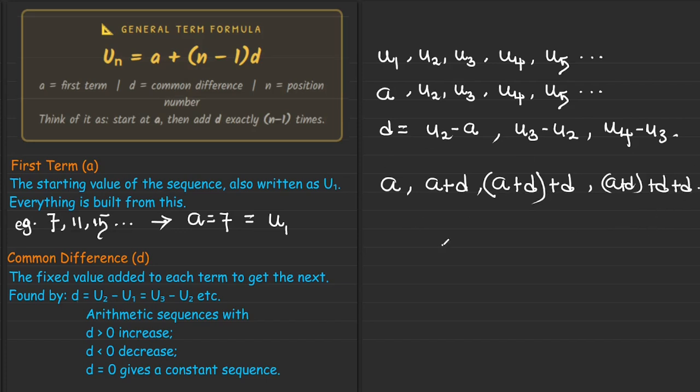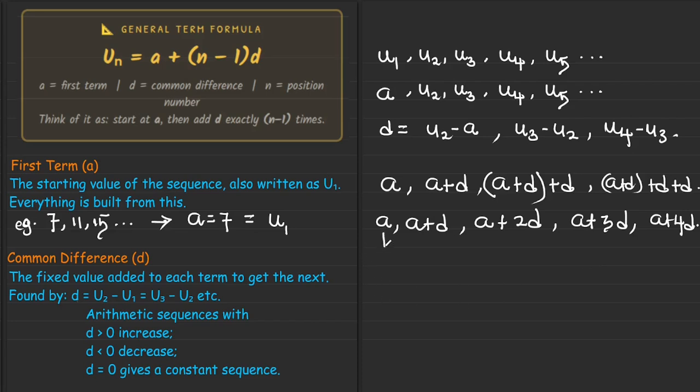If you simplify all of this, then we are going to get our a. For the second one, we have a plus d. For the third one, we have a plus, there are two of the d's, so 2d. For the fourth one, we have a plus 3d. And looking at how things are going, it is obvious that for the next one, it's going to be a plus 4d.